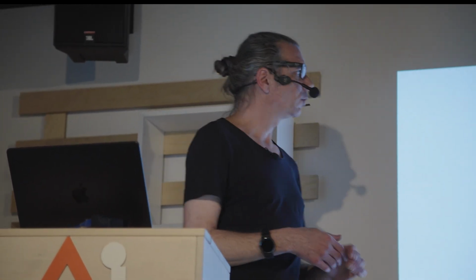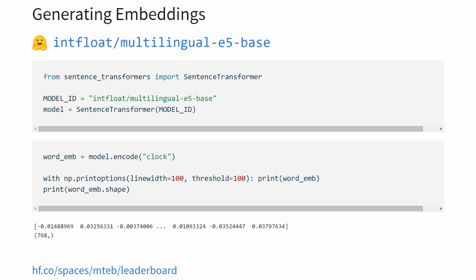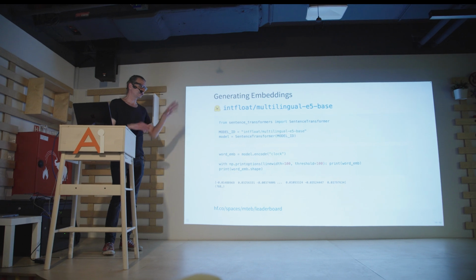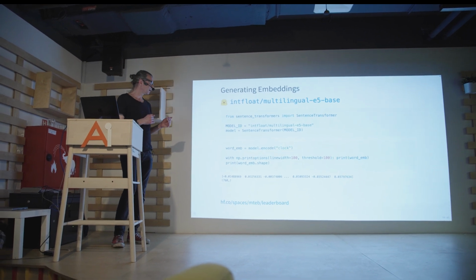I've said that we need a model to actually generate these embeddings, right? So the model we're going to use is this multilingual E5 base. It's from Microsoft, and Liang Wang is one of the primary authors of the model. It's on Hugging Face. There are three versions: small, base, and large. This is the middle ground.